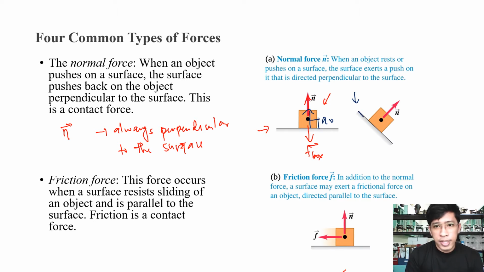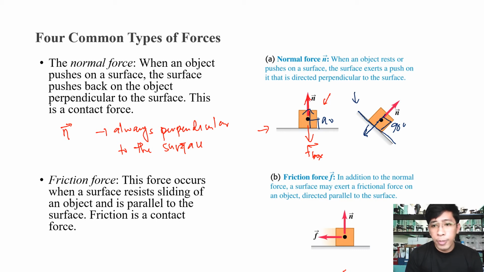The box pushes the surface in this direction, and your surface exerts a force equal to the force of the box, and this force that the surface applies on your box is what we call the normal force. Again, this is at 90 degrees with respect to the surface.